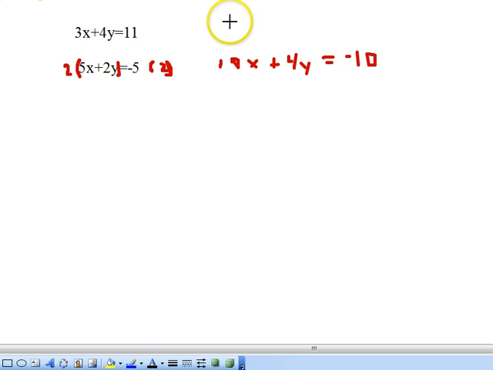Okay, and then we'll just move the other equation over here. 3x plus 4y equals 11.